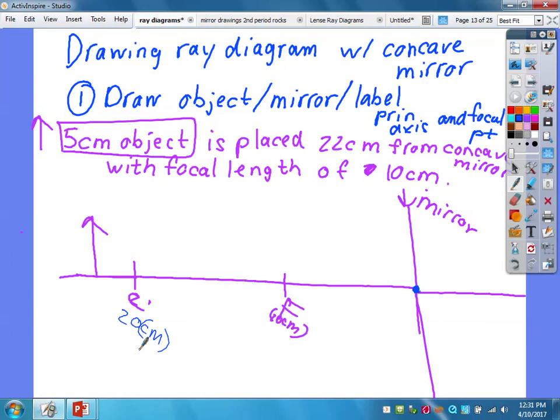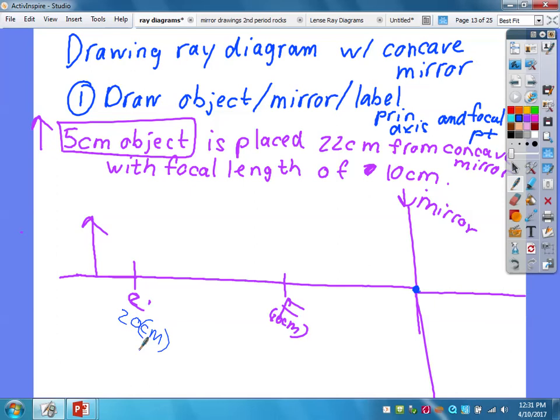I know it says 10 centimeters for the focal length, and you can draw that, but on a piece of paper it's tough to always draw every focal length exactly as the problem gives. Scale it. For instance, on mine, this is probably like 20 centimeters long, and this is 40 centimeters long. It's the same thing, 10 to 20. It's the same ratio. As long as you get that scale right, you're okay.